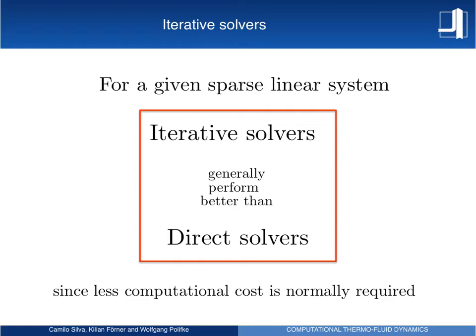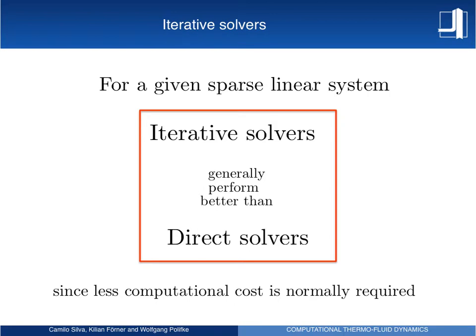So these iterative solvers are ubiquitous in CFD. Something else is that iterative solvers exploit the fact that most of the time in CFD matrices are sparse.